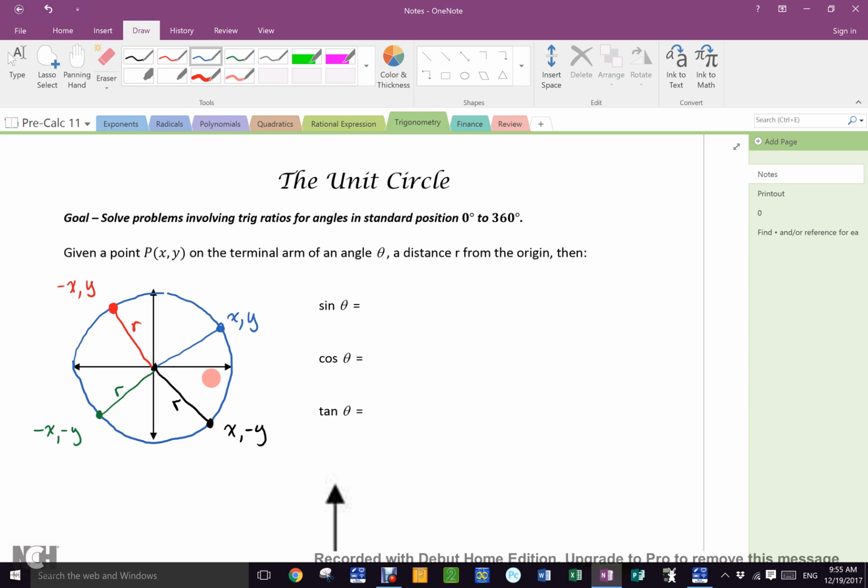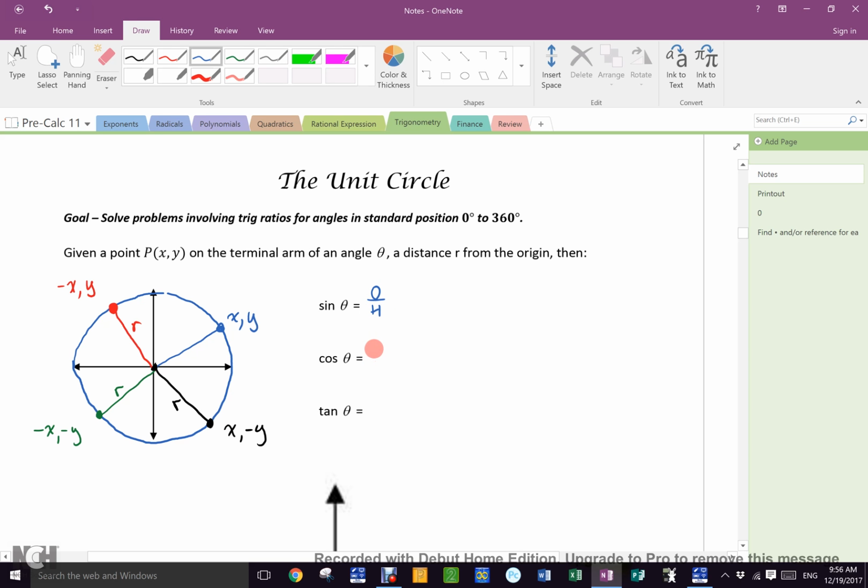Everybody cool? All right. Now, if we were doing trig in grade 10, what would the sine of theta be? How do we find the sine of theta? SOHCAHTOA. What would sine be? Opposite over hypotenuse, yes?